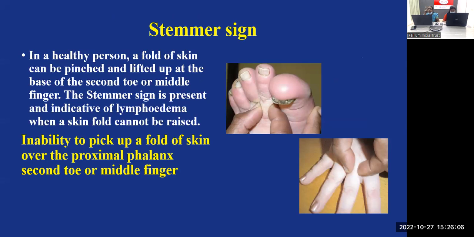But if the patient has lymphedema on the lower limbs, you are not able to lift up the fold of skin over the proximal phalanx of the second toe. That is called Stemmer sign: inability to pick up the fold of skin over the proximal phalanx of the second toe.